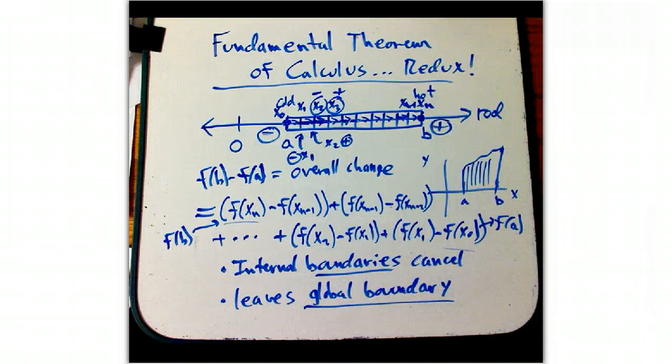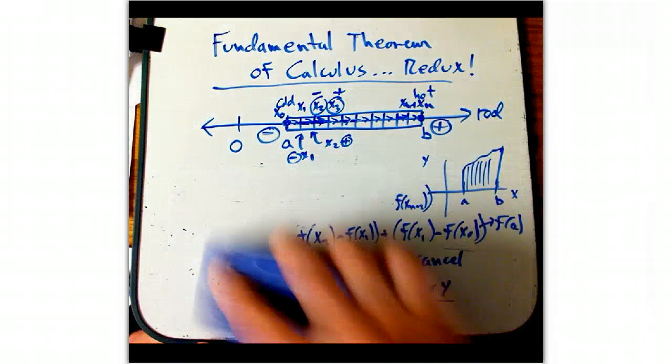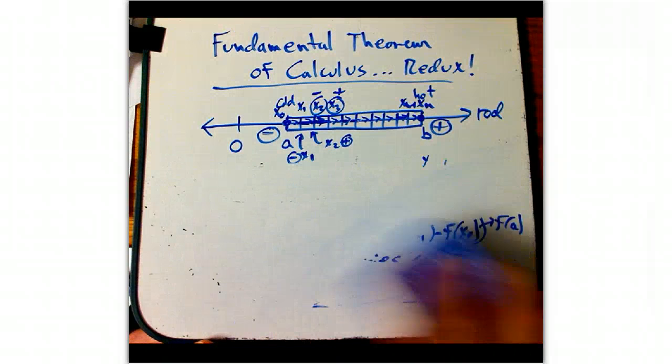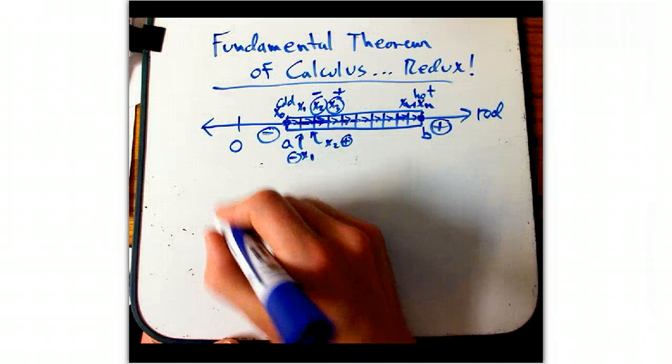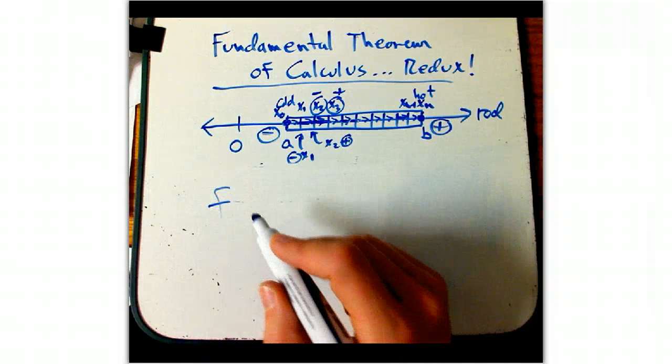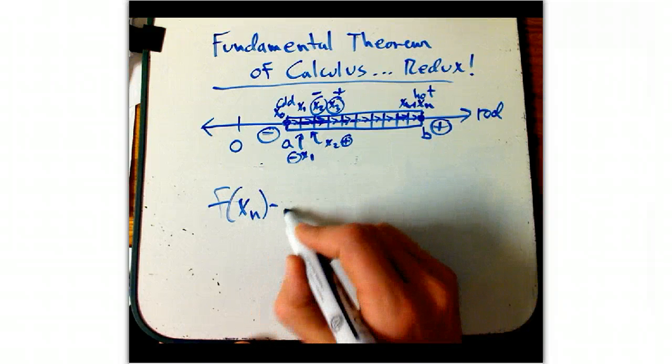let's think about this in terms of a little bit more sophisticated presentation, and we're going to have sigmas coming in. So f of, let's just focus on one of those internal pieces.